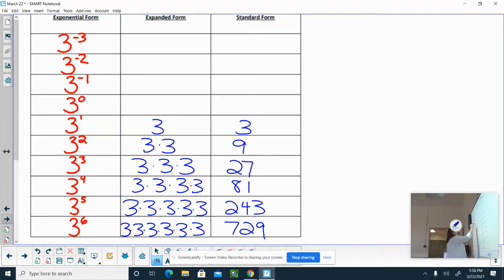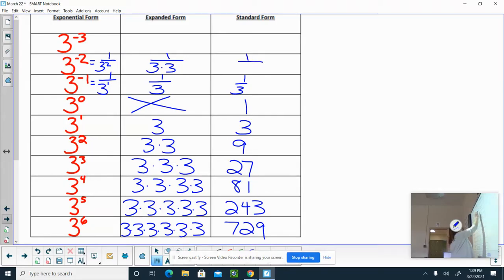All right, if I continue here to the negatives and the 0, anything to the 0 power is 1. 3 to the negative 1st is the same as 1 over 3 to the positive 1st. So that's 1 over 3. 3 to the negative 2nd is 1 over 3 to the positive 2nd, which is 1 over 3 times 3.